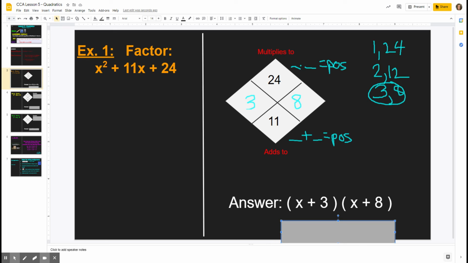Okay, I'm going to give you just 30 more seconds to get this written down, and then we will move on to our next example.